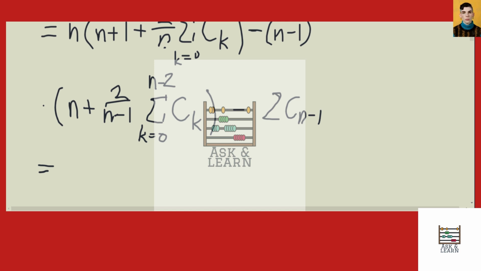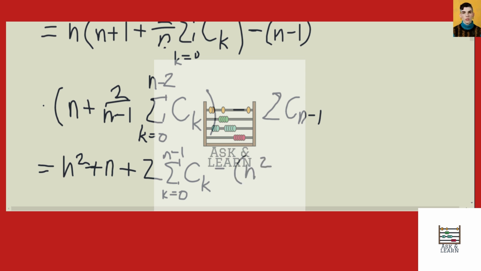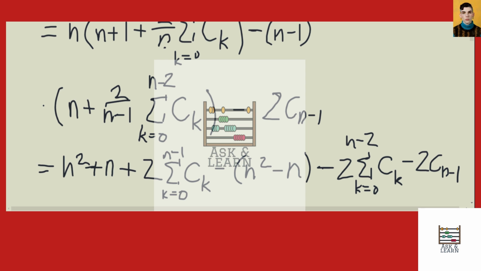n squared plus n plus 2 times the sum from k equals 0 to n minus 1 of Ck, minus, and then we get n squared minus n and minus 2 times the sum from k equals 0 to n minus 2 of Ck, minus 2 times Cn minus 1.